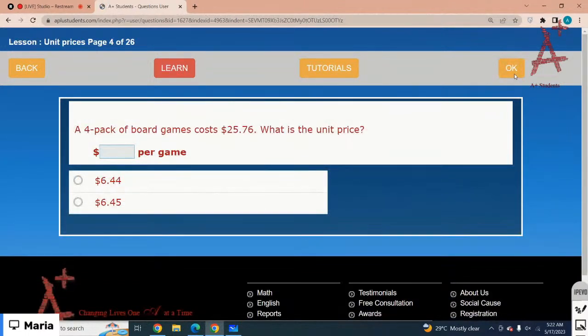Okay, a 4-pack of game boards costs 25.76. What is the unit price? So you have to calculate the price of one board. Got it? So you have to divide 25.76 by 4. So which is the correct option?